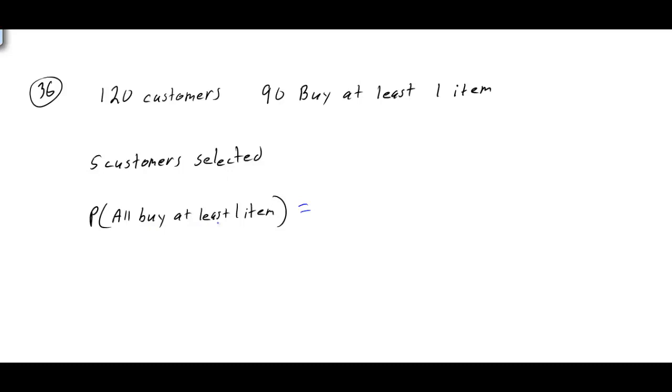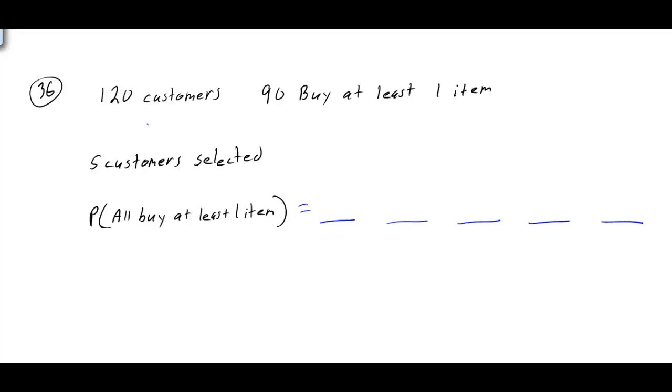So the question is, first of all, what's the probability then? We know that 90 of the 120, and we're looking at selecting 5. So again, if we think of it this way, if we're looking at 5 of them, 1, 2, 3, 4, 5, what's the probability that the first person we select buys at least one item?